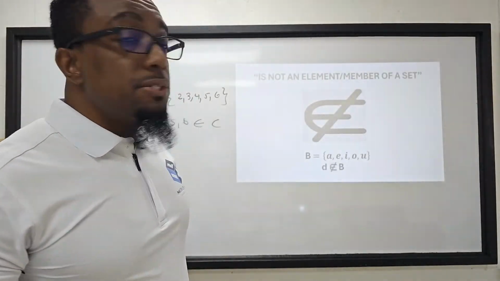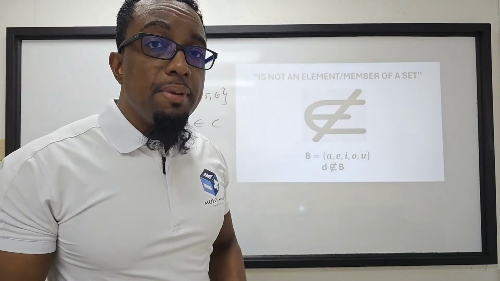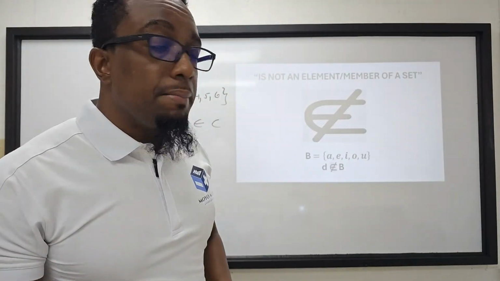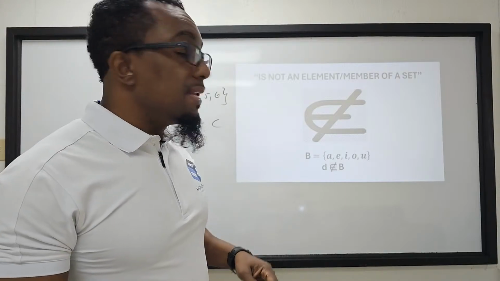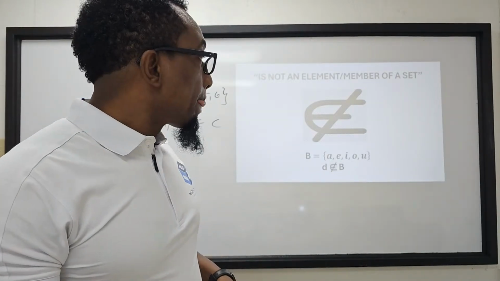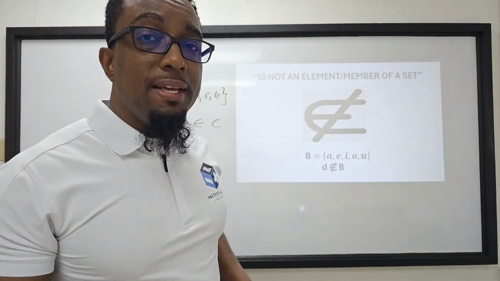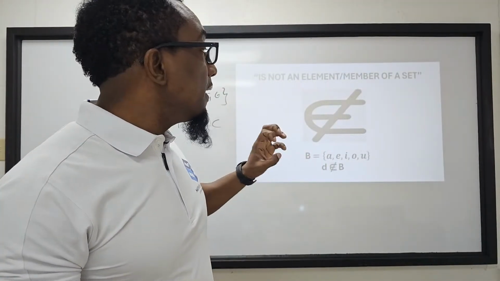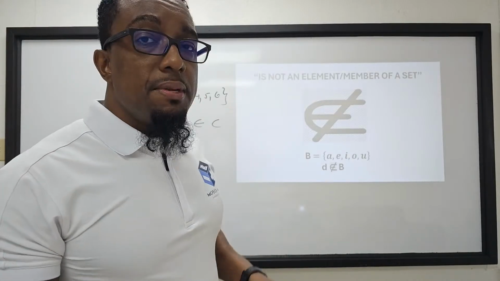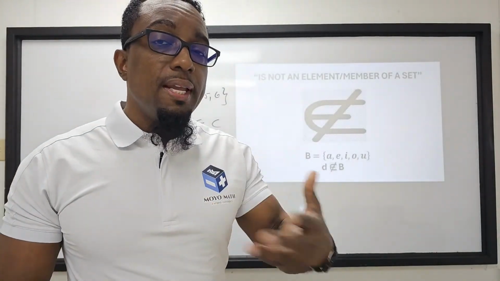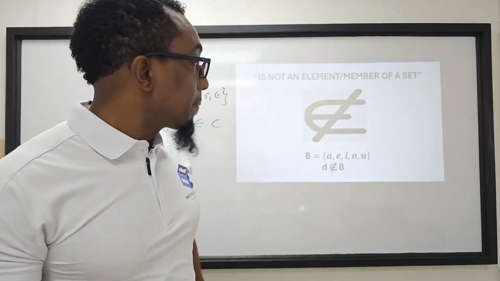We also have is not an element or member of a set. So this symbol here simply means is not an element or member of a set. So we know set B has elements A, E, I, O, U, but clearly D is not a part of set B, so clearly D is not a member of set B. So we use that symbol to highlight is not a member of or is not an element of a given set.